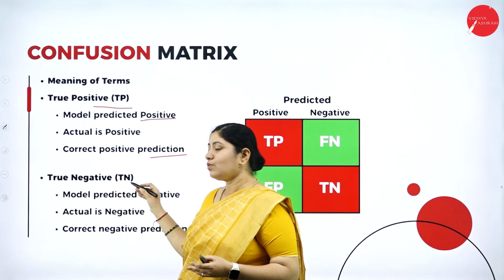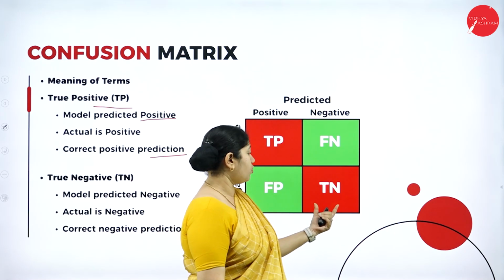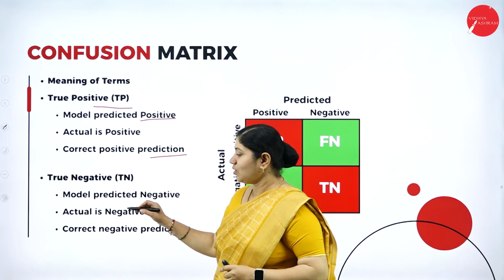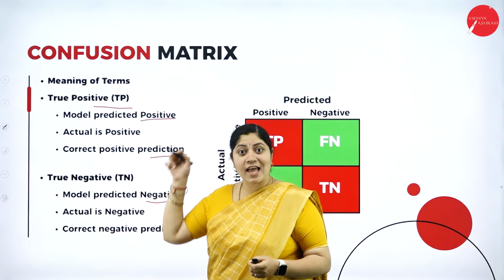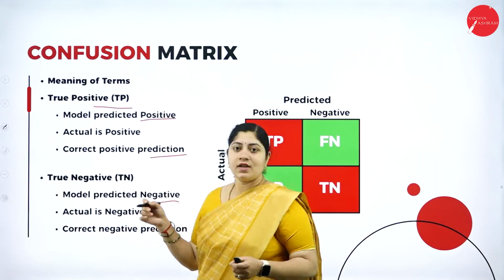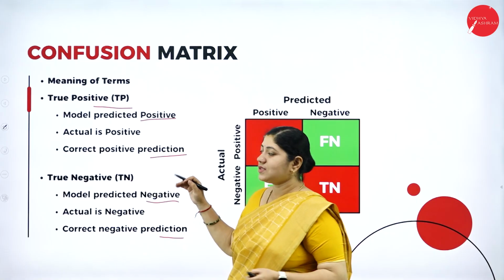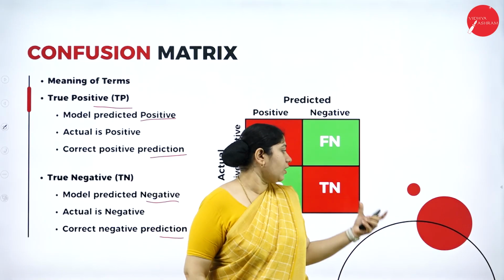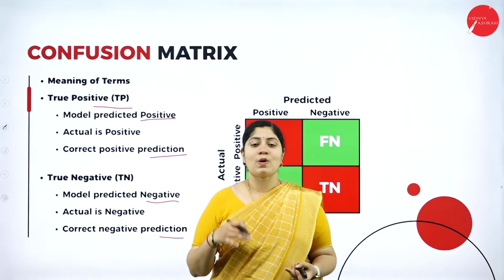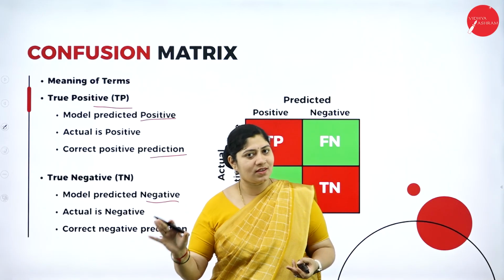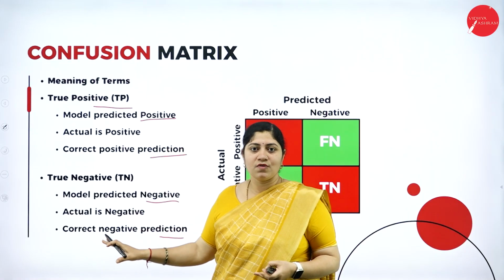Next is true negative, which means the model predicted negative and it is actually negative, a correct negative prediction. Clear? So this is the meaning of TN. There is no chance of maybe, it must and should be a true case or a false case.